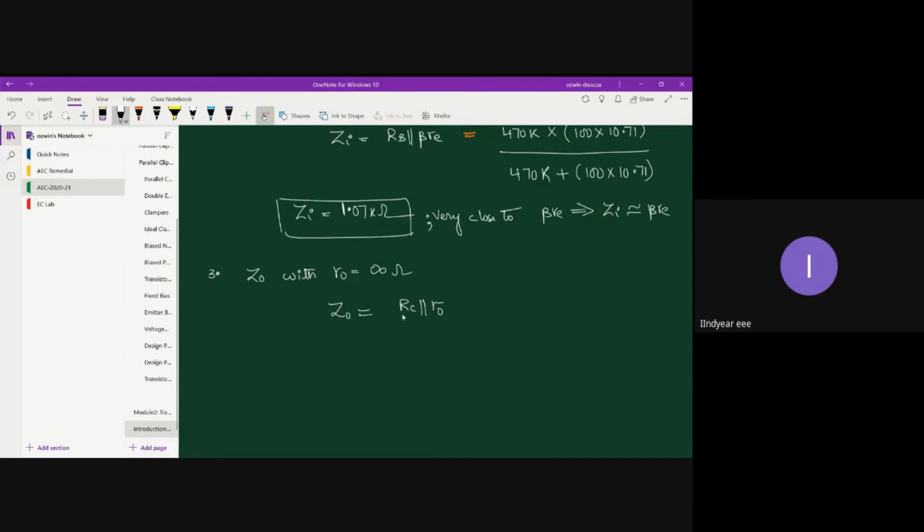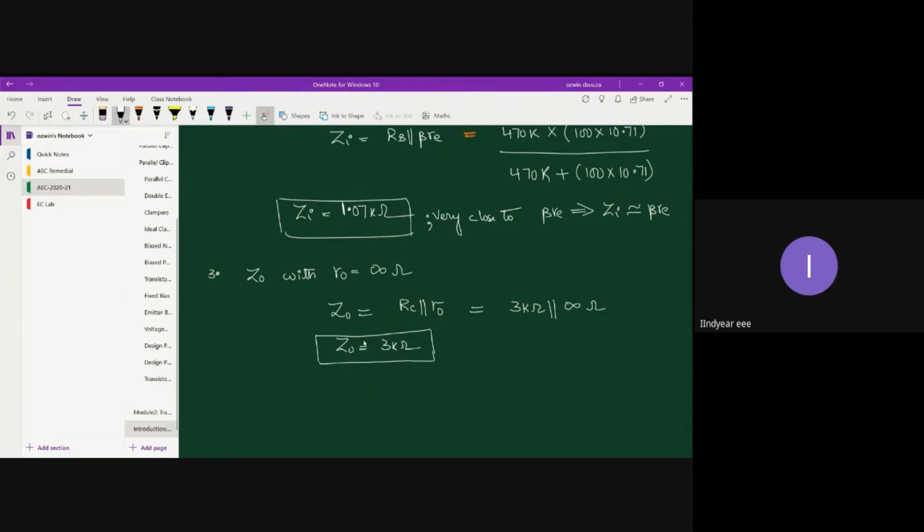That implies 3 kilo ohm is connected in parallel with an infinite ohm resistor. So what is the output impedance then? Can anyone tell me? 3 kilo ohm itself. So output impedance is 3 kilo ohm. Why is that so?